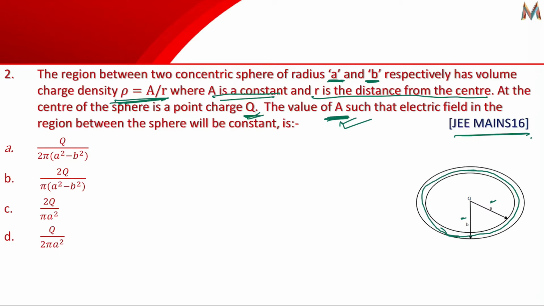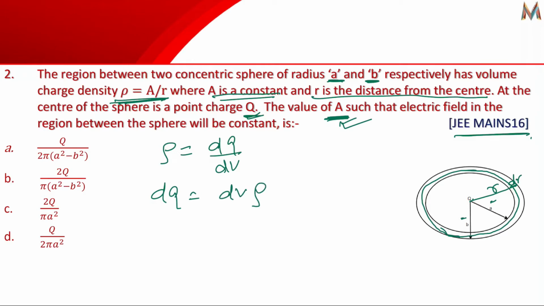Let this distance from the center be r and its thickness be dr. Now, as we know, volume charge density can be given as dq by dv, where dv is the small volume and dq is the small charge. From that we can write dq equals dv into rho.